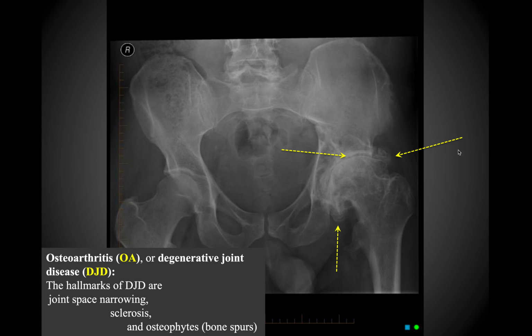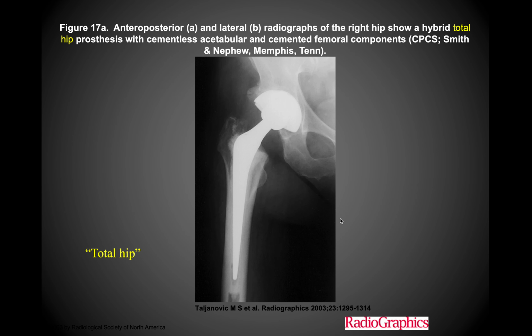So if you compare the right and left sides on this patient, you'll note you can see a nice joint space here on the left. On the patient's right, on your left, and then on the patient's left now on your right, you can see this narrowed joint space as a result of the degenerative joint disease taking place here. You also oftentimes see evidence of osteophytes or bone spurs, which you can see here and here.